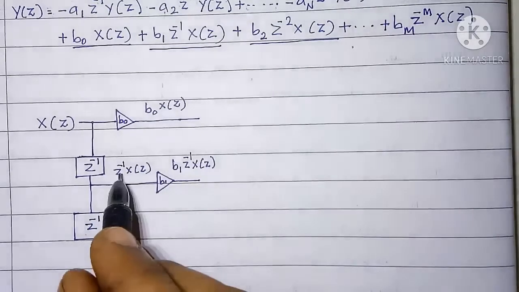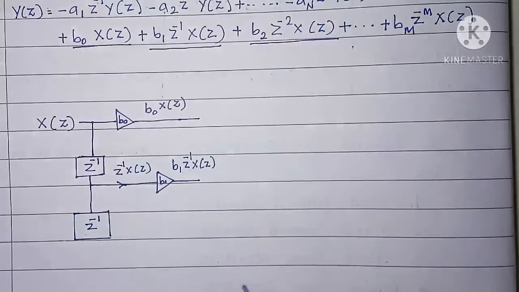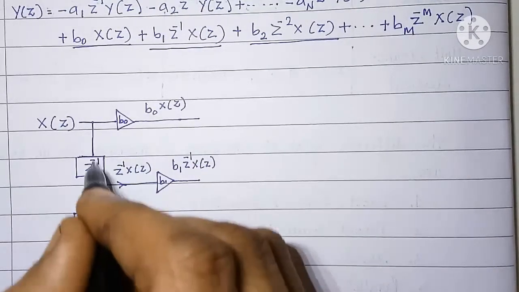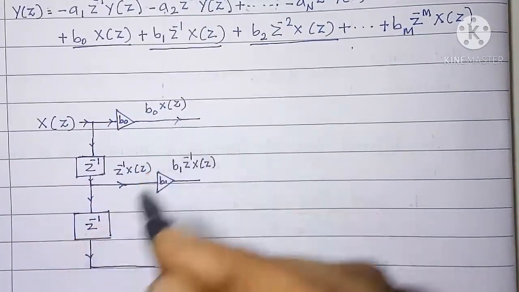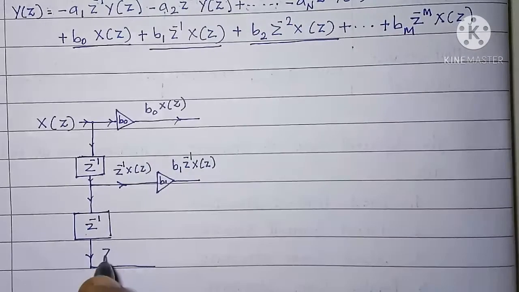That will be z raised to minus 2 into X of z. That means 2 sample delay will be there. So here output is z raised to minus 2 into X of z.